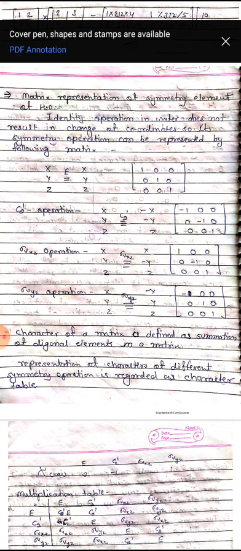Then identity operation means no change in coordinates. And the matrix representation of this operation is the unit matrix, that is, diagonal elements are 1 and non-diagonal elements are 0.